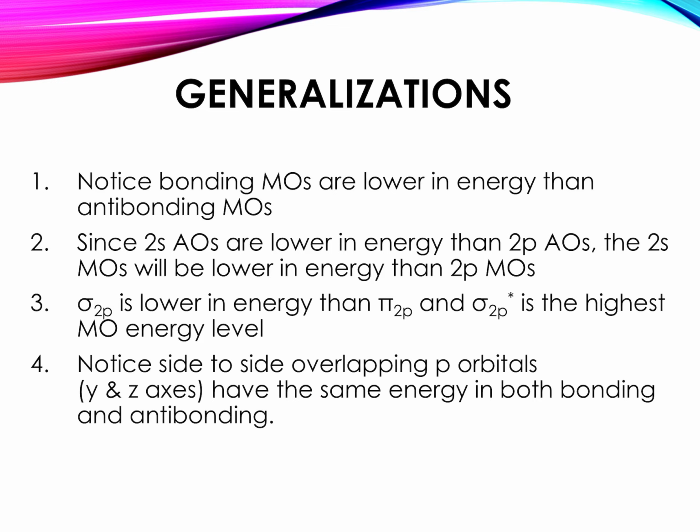Nothing changes there. For number 3, the sigma 2p is lower in energy than the pi 2p, and the sigma star 2p is the highest molecular energy level. So that's going to be a good one to remember. Things in between those can kind of shift around, but the sigma 2p is always going to be the lowest, and the sigma star 2p is going to be the highest.